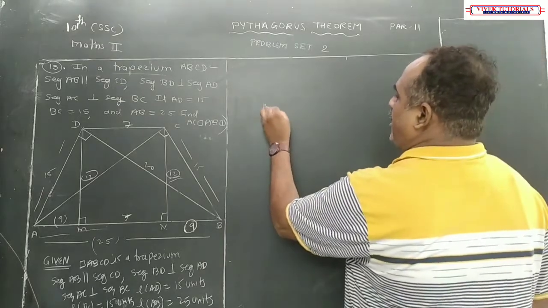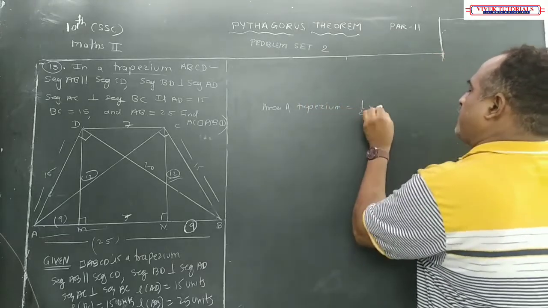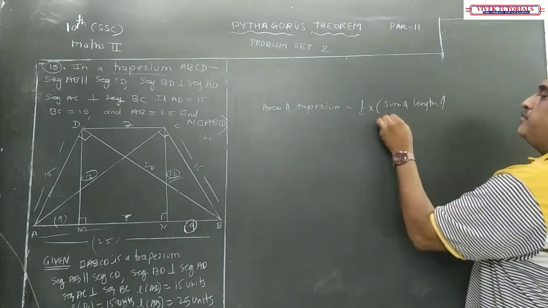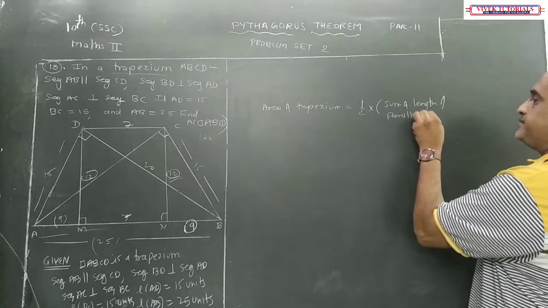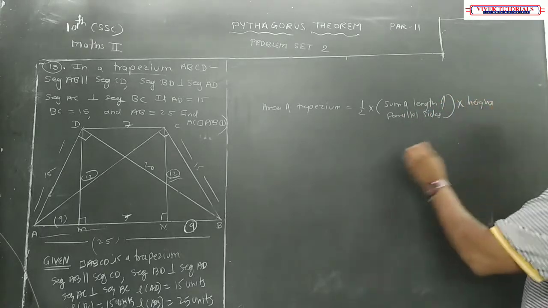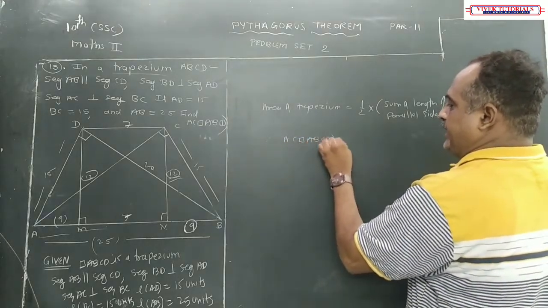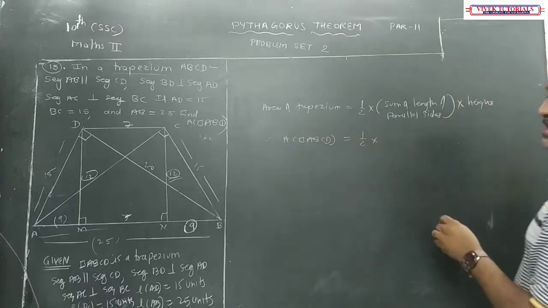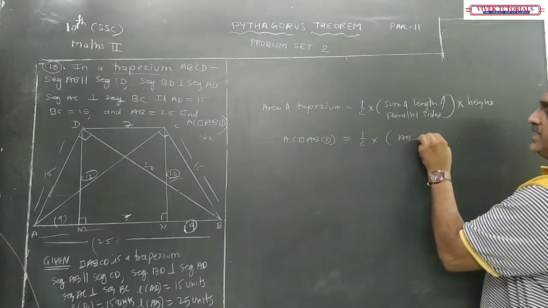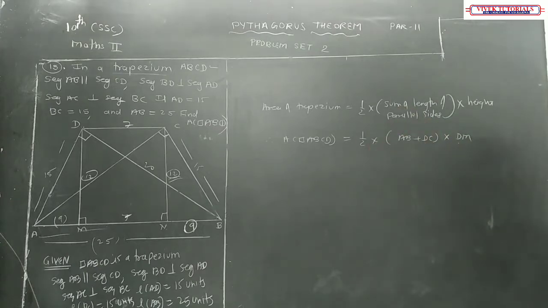To be right, area of trapezium is equal to half into sum of length of parallel sides into height. Therefore, area of quadrilateral ABCD is equal to half into sum of the parallel sides, AB plus DC, into height, DM, or you can take CN, anything.